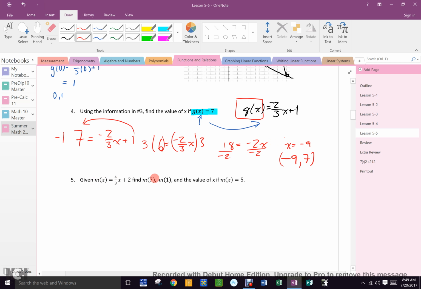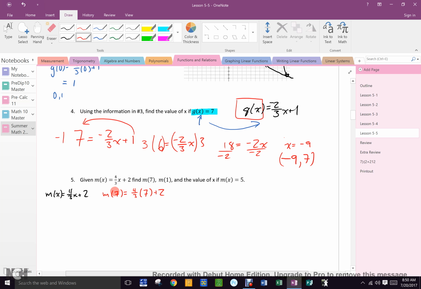Okay? So let's do this. Make sure everybody gets it. What's my function? M of x equals 4/3 x plus 2. What is the first input that you are given? 7. So I need the m of 7. So what do I write? 4/3 times 7 plus 2, because the x is now 7, yes?